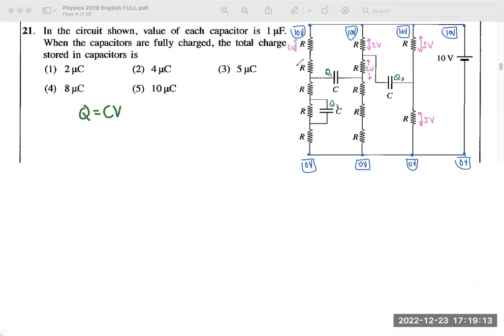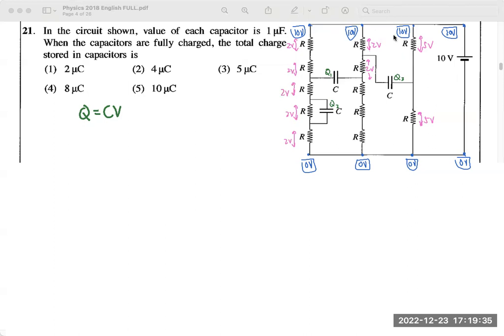So across this 2 volt, and across this 2 volt. Across each resistor it's going to be 2 volt, because 10 volt should be distributed among 5 equal resistors.